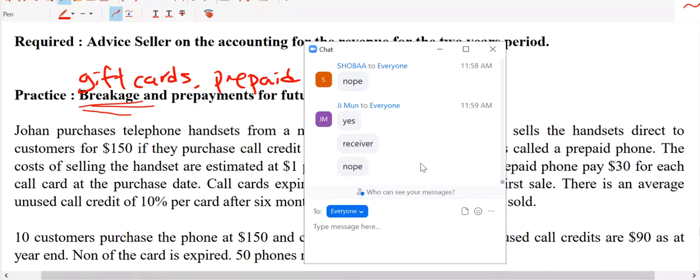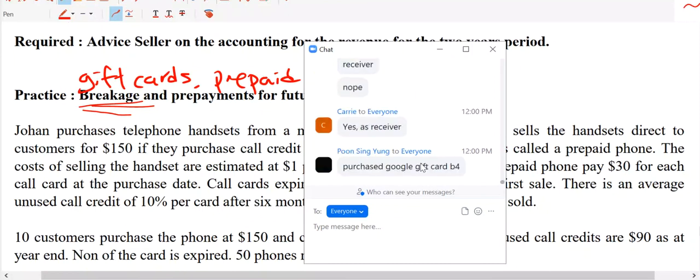Anyone else like to share before I tell my story? It's not a great story lah, but I received a gift card before. Okay, no one else already. Gary, yes, as a receiver, purchased Google gift card before.